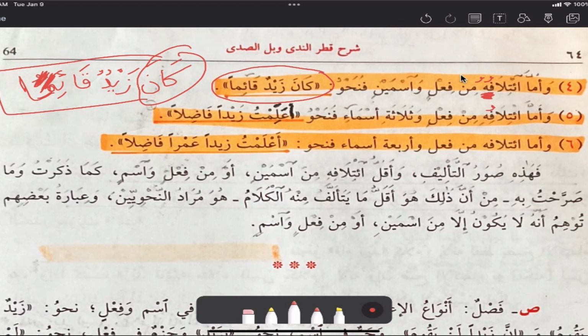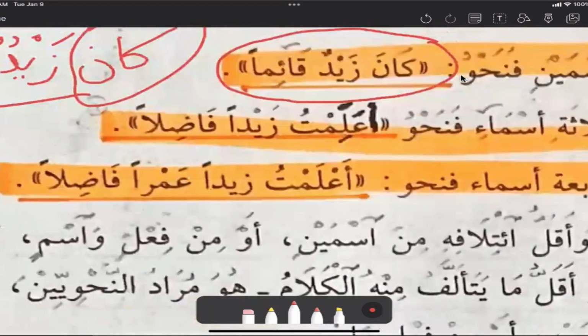وَأَمَّا ائْتِلَافُهُ مِنْ فِعْلٍ وَثَلَاثَةِ أَسْمَاءٍ, and as for speech being composed of a verb and three nominals, فَنَحْوُ عَلِمْتُ زَيْدًا فَاضِلًا. عَلِمْتُ, I knew.